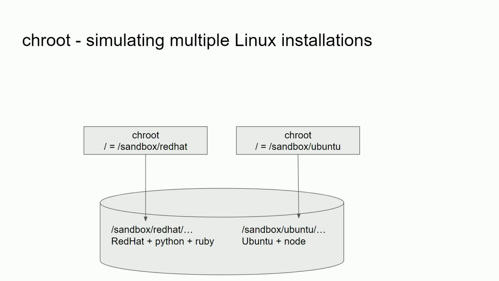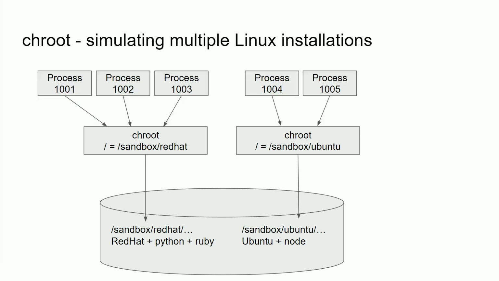And with all those sandboxes in place, we can run as many processes as we want in each sandbox, as long as each process is chrooted to the appropriate directory. All this flexibility is available to us, basically with no cost in performance, thanks to the humble chroot command, which has been around forever.